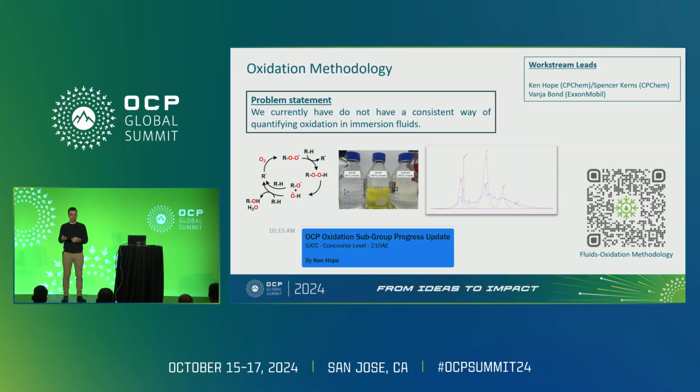And I think the most interesting piece of information to me is they've actually gone to the trouble of reaching out to vendors and gathering data from the field, from real immersion deployments, and looking at those changes over time in those fluids. So stick around for Ken's talk if you're interested in knowing more.